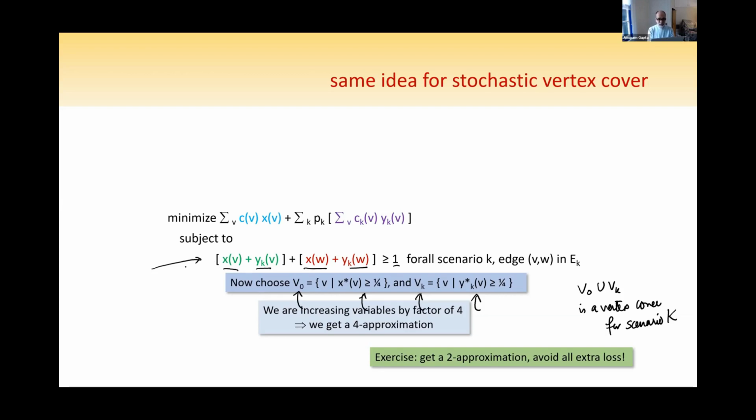There are 4 variables on each side, they must sum up to at least 1, so at least one of them must be a quarter. Can you do slightly better? There's more structure in here, right? I'm leaving this as an exercise, and we can discuss this more as we go on. In fact, this is doable, and you can get a 2 approximation for this problem.